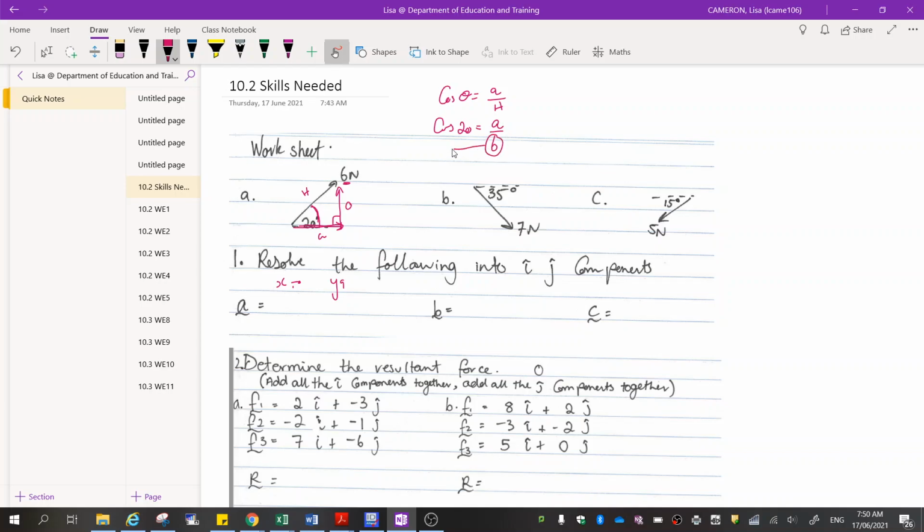Now I can grab this 6 and move it up there to get A on its own, which means that now I'm going to have 6 cos of 20 degrees. Okay, make sure that your calculator is in degrees for this. So that's going to be positive 5.638i.